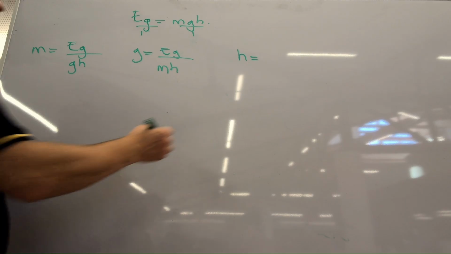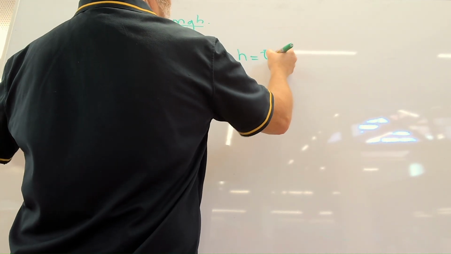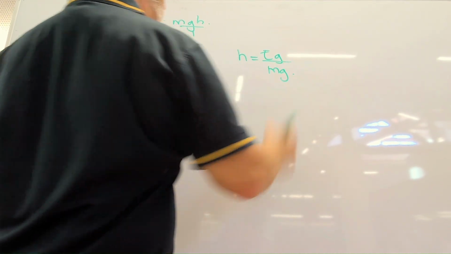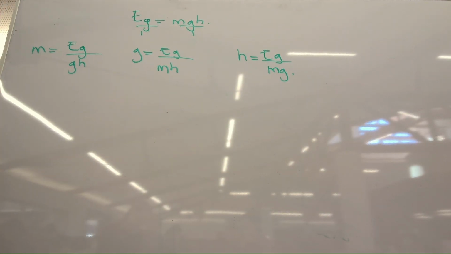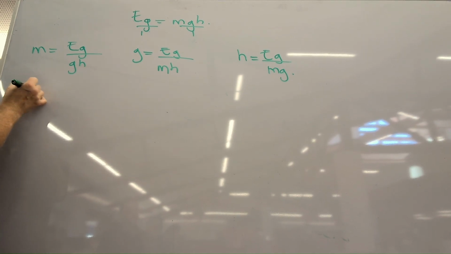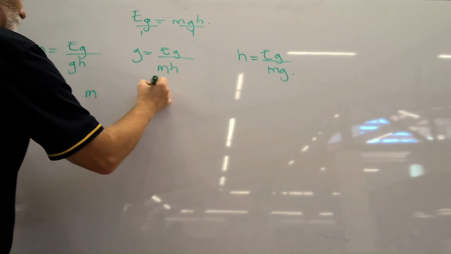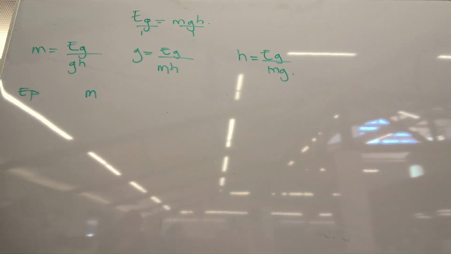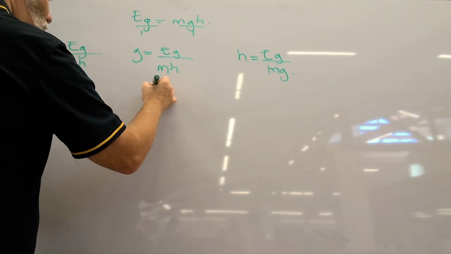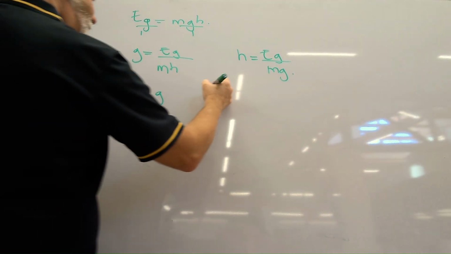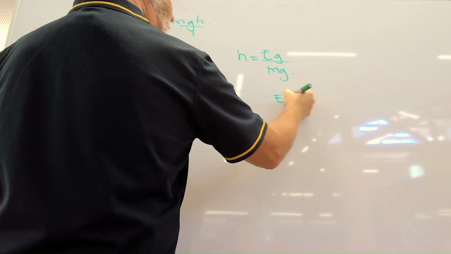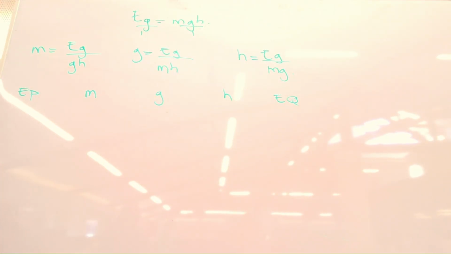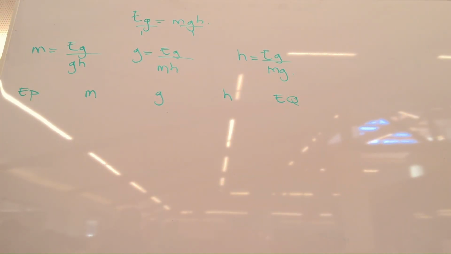Well done. EG divided by mg. All good? So now what we'll do is EP, M. We don't need to put G in there because gravity on Earth is always the same. We can put G in there in case we talk about a planet, and then H, and then we can talk about the equation and the answer that we're going to get. All right?